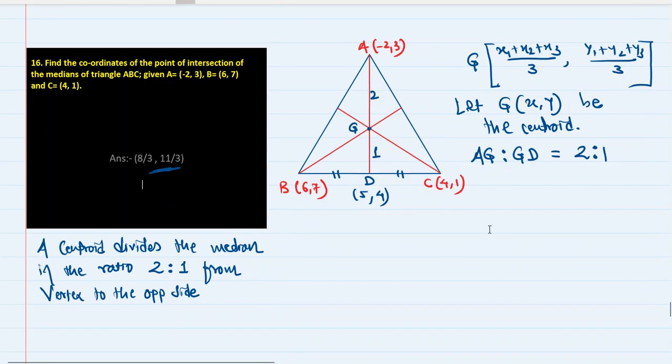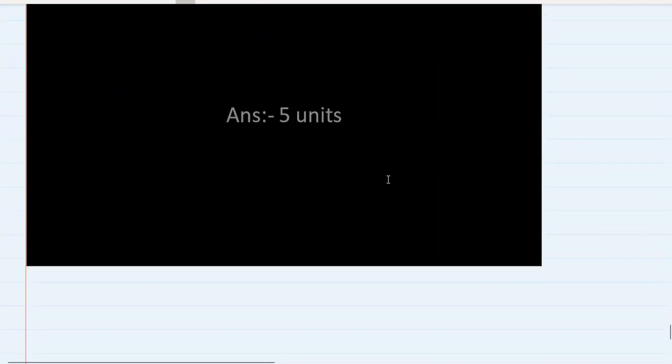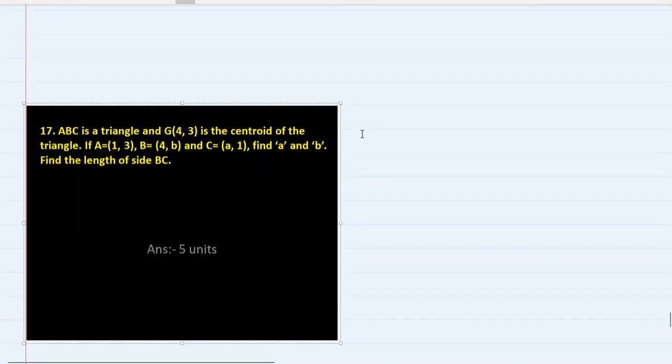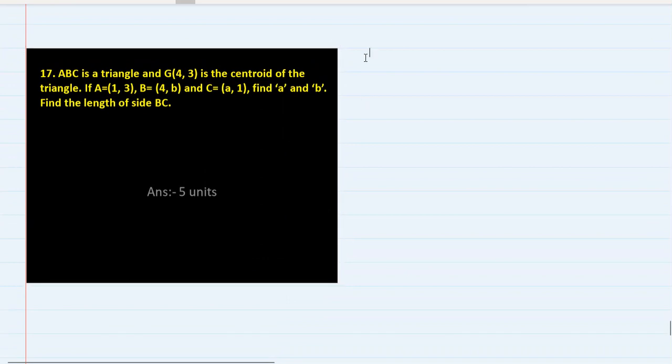Okay, so I hope that you've got the coordinates of point G using this property, or you can check it by using the direct formula which I told you earlier, the formula for finding the centroid. This is the final question of the topic midpoint formula, so mostly we have touched all the types of questions.